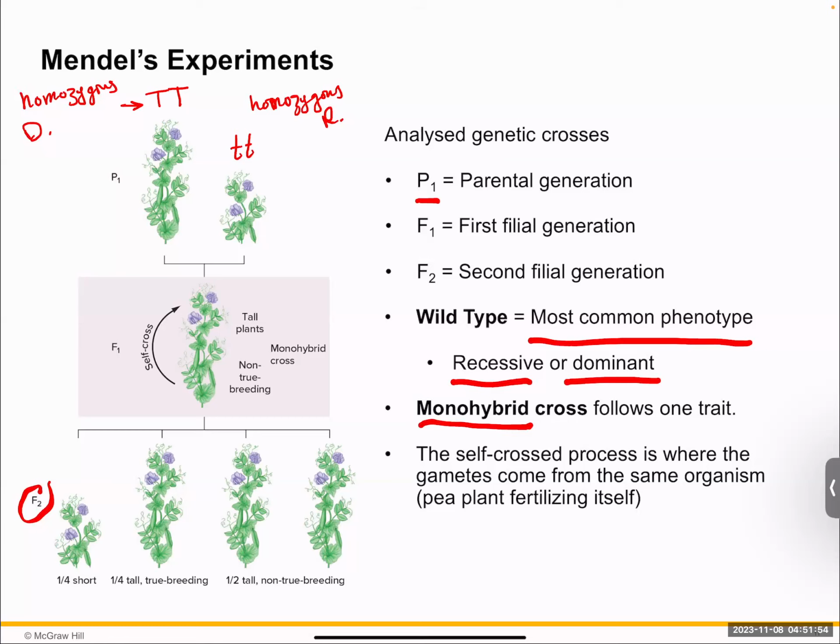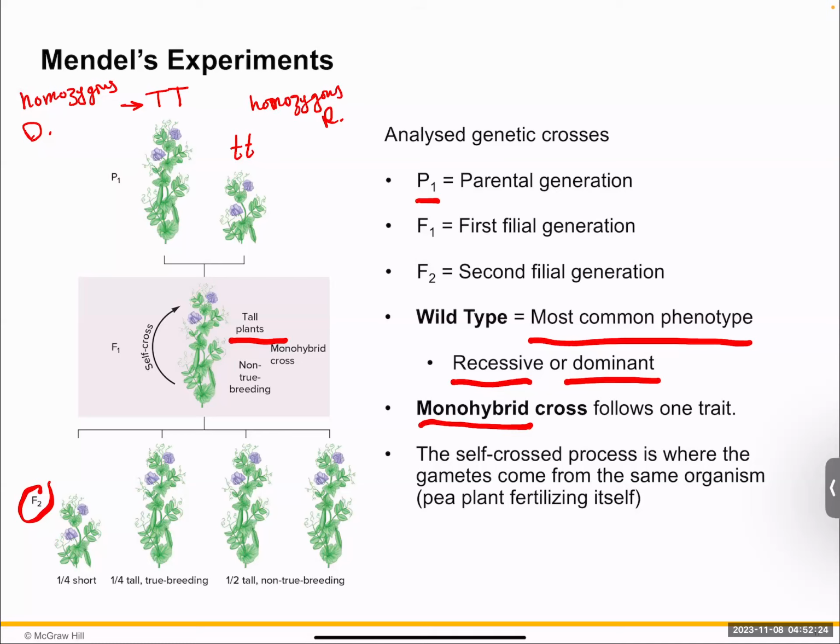Because both of the alleles have the same copy. Now, when I cross this, all of the F1 generation will be identified as tall plants, because again, the capital T will be passed down to all the kids from the tall parent, and all of the kids will develop that dominant trait.